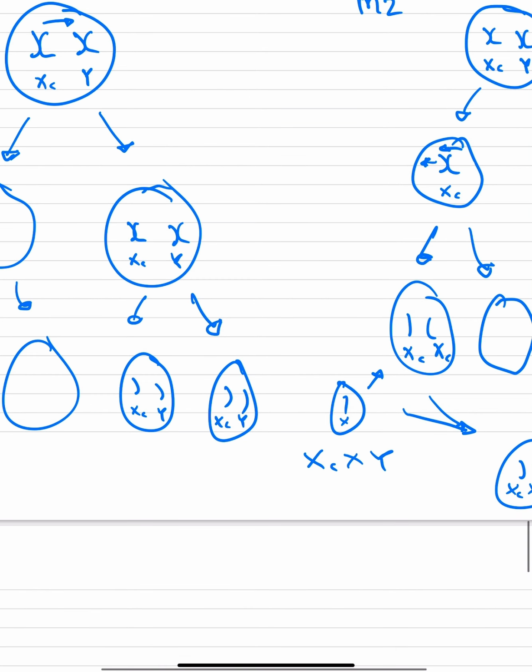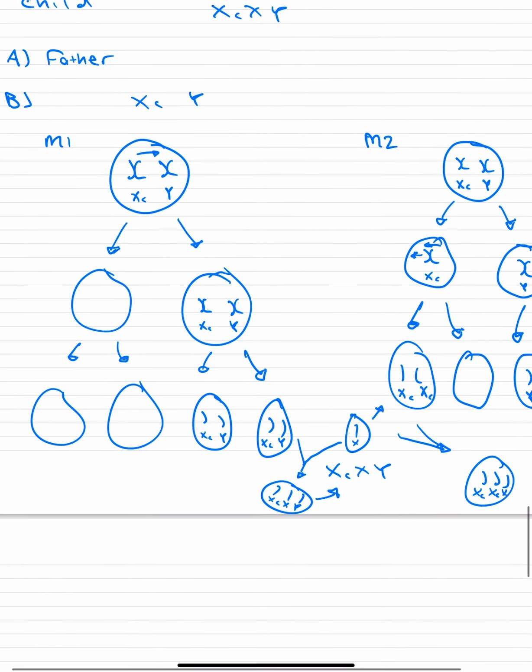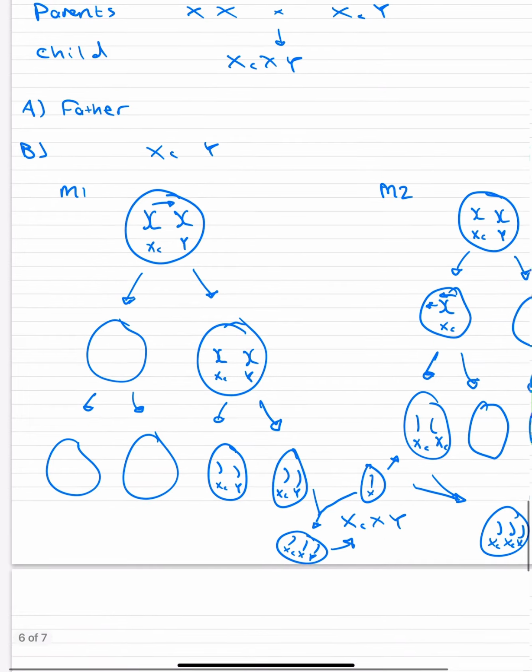So the only other possibility would be if we had this cell right here contributing to the non-disjunction event, fusing with this other female gamete, resulting in XC, X, and Y, which gives us the genotype of the boy. So this non-disjunction event occurred in meiosis 1.